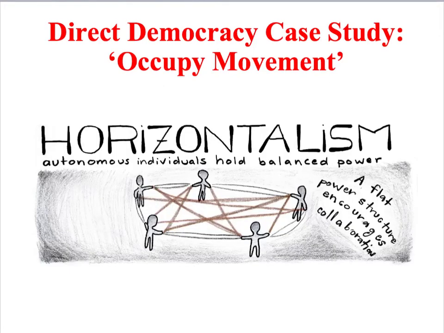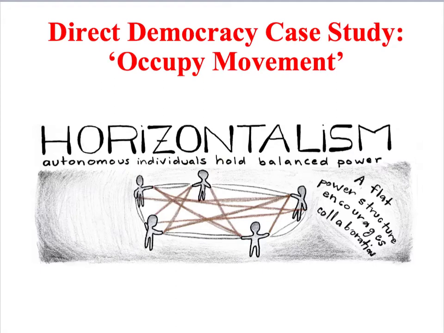So in contrast to the corruption of representative democracy, what the Occupy movement sought to do was to practice a purer form of direct democracy, a participatory democracy with general assemblies held to discuss issues at the various Occupy sites. And in order to put this into practice, the Occupy movement tried to abide by a principle of horizontalism.